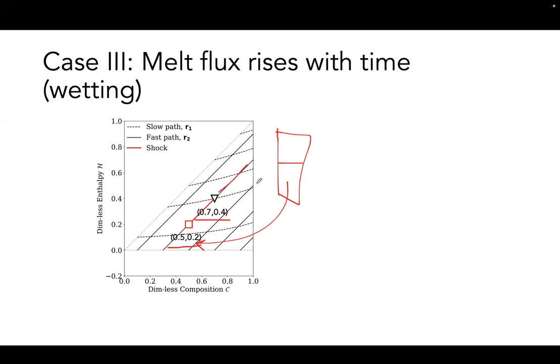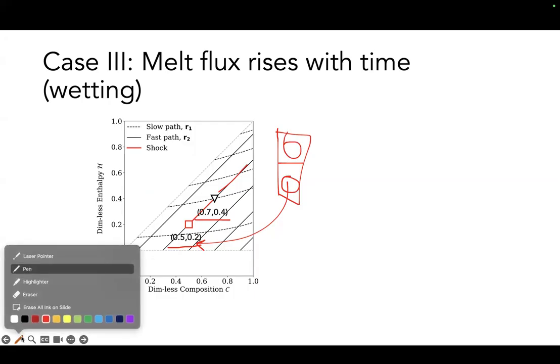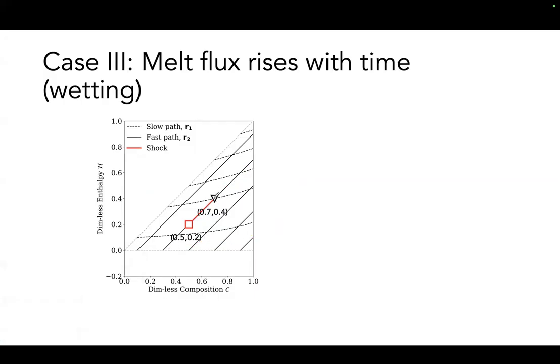So 70% saturated, but 20% liquid water content, so less saturated. The bottom is less saturated, this is more saturated. So the meltwater flux has increased. In this case, we are supposed to connect them along the fast path. We do not go on any other path. We connect them on the fast path.